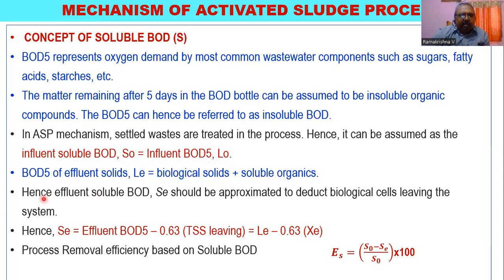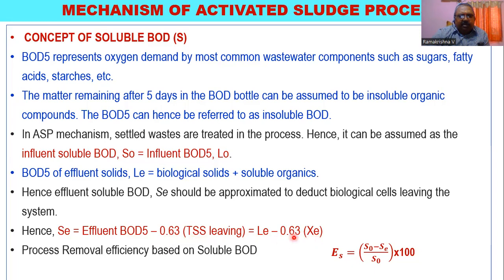So the effluent soluble BOD, SE, should be approximated to account for the biological cells leaving the system, because the effluent BOD also has some biological solids component in it. So this is what we are trying to calculate by having an empirical formula. SE is equal to effluent BOD5 minus 0.63 times TSS leaving. TSS leaving is the XE value.